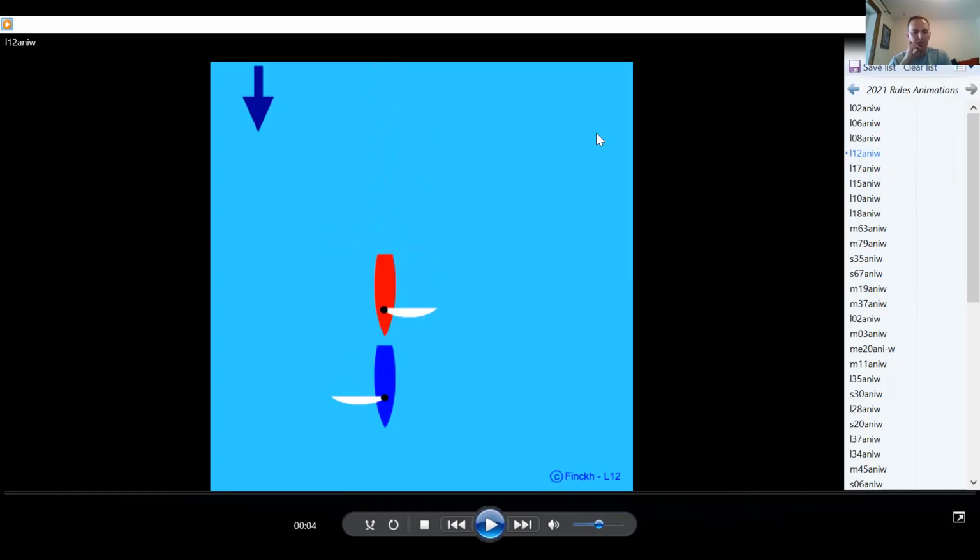The leeward boat has right of way over the windward boat. And a boat coming up from behind can't hit the boat ahead. This is rule 11 and 12. So both these boats are on starboard. Red is to leeward of blue. So red has right of way over blue, and blue has to keep clear of red.